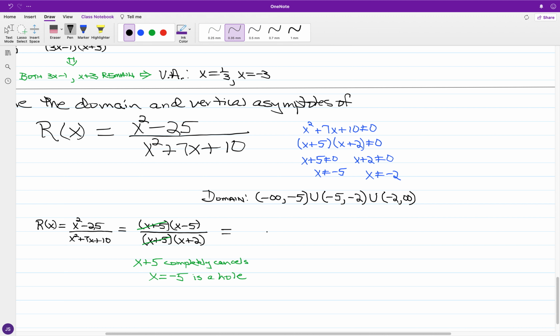And for the rational function, the completely reduced form comes down to x minus 5 all over x plus 2. And so x plus 2 remains. Since that factor remains, we're going to have a vertical asymptote at x equal to negative 2.